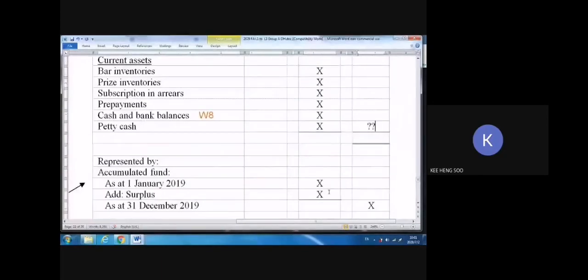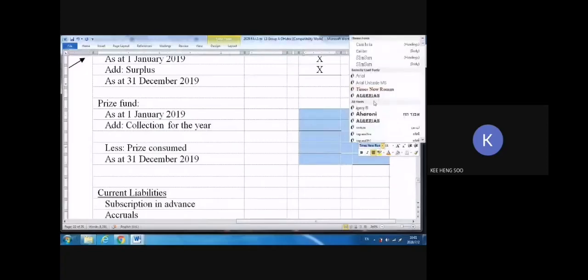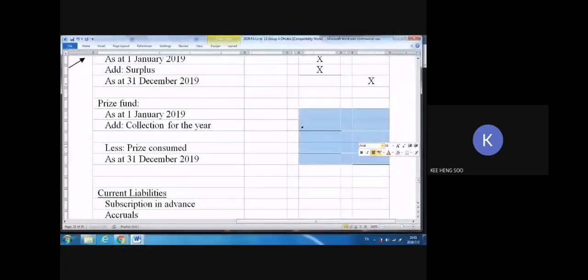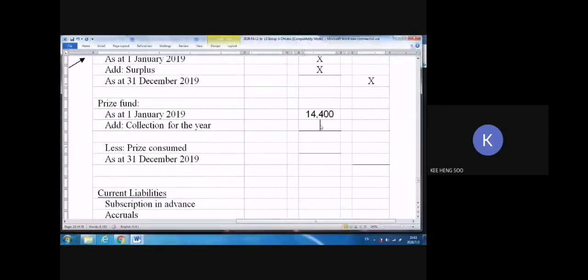Now I want to discuss with you this prize fund. The prize fund is given in the question here as 14,400. Collection for the year is here.